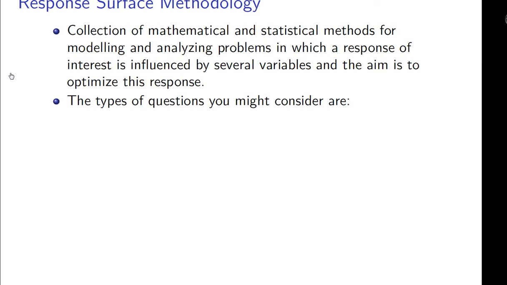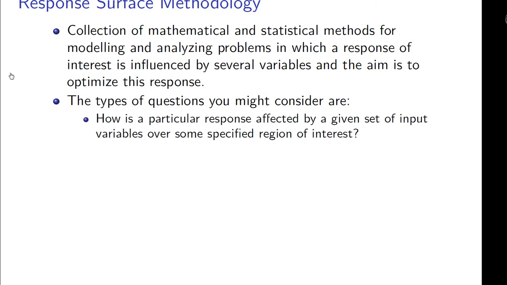So the type of questions you might consider are these. How is a given response value affected by the set of input variables? If you change, say, factor x1 by a small amount, does the response value change by a small amount, or is it sensitive, and does it change by a large amount? So these kinds of sensitivity questions are of interest.